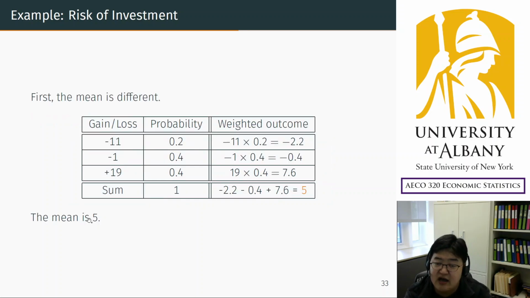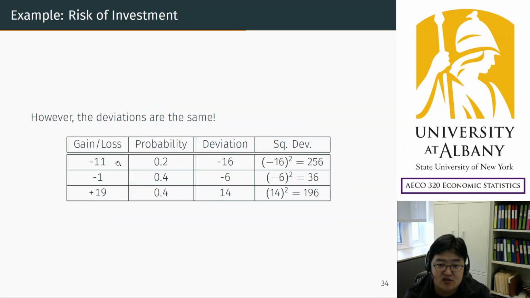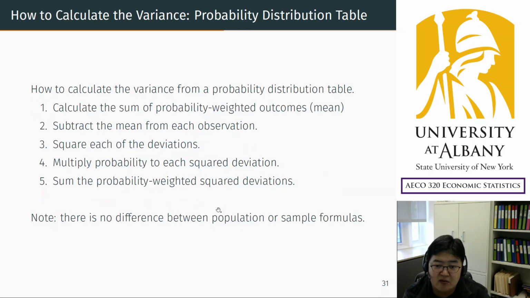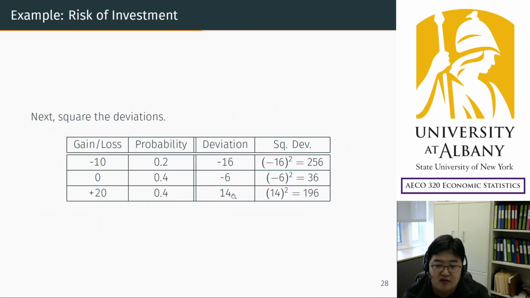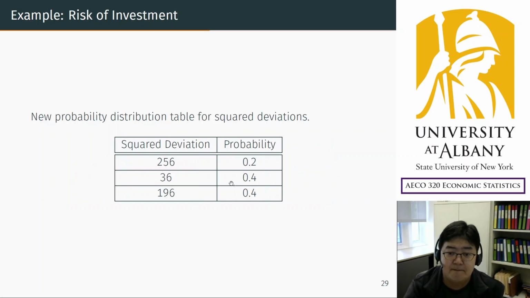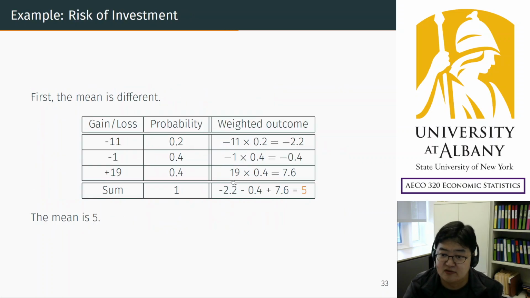The mean was 5, so you subtract 5 from each of the outcomes. Then you get these numbers, and let's compare that with this. Same. The deviations are the same in both examples.